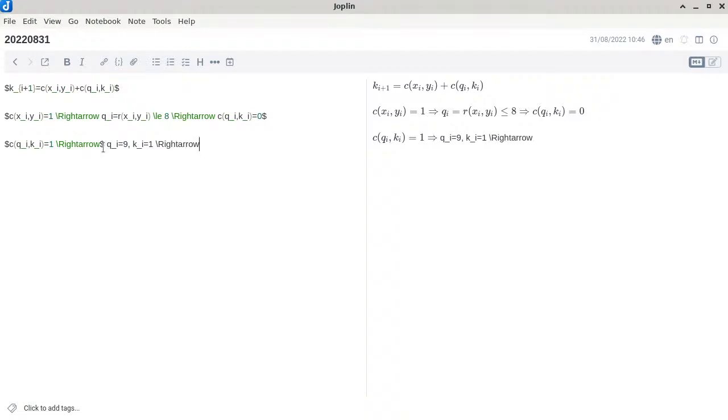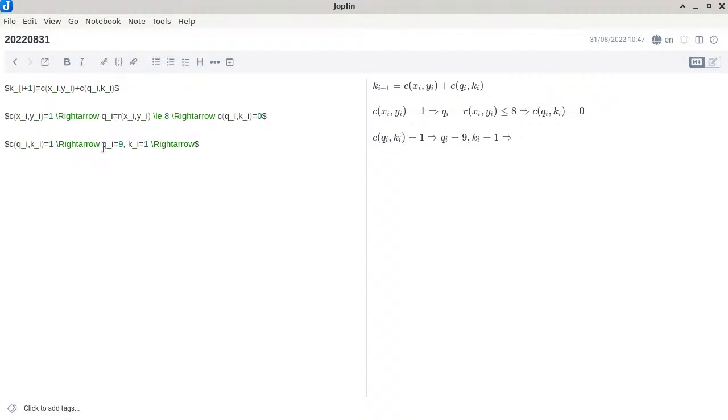So what does that imply in return? Why is it not turning into math notation? Oh, because the dollar sign is not there. There we go. So what is that in return going to imply? This time, ki being 1 is not very important. In that case, C of xi, yi would equal 0.